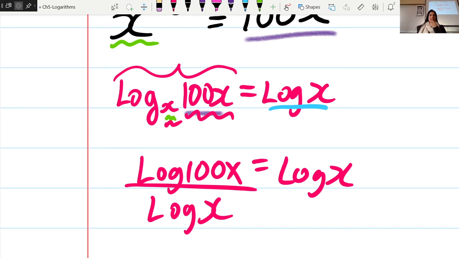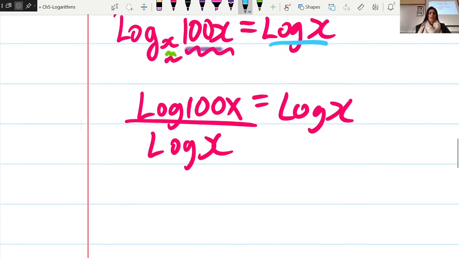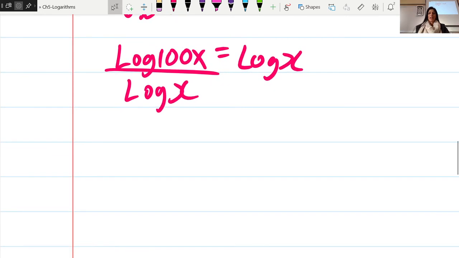If our goal is to get x by itself, any idea how to get to that? Right now this is still pretty messy because I have a fraction with log 100x at the top, log x at the bottom. What could we do? Isaac?